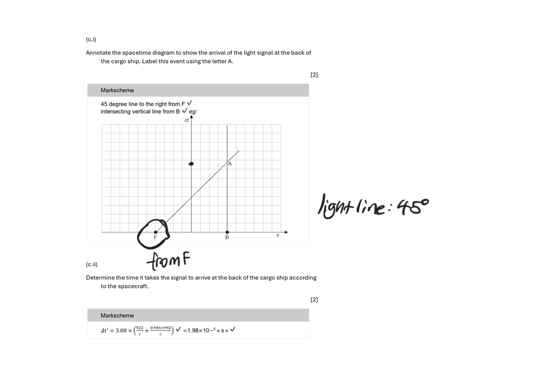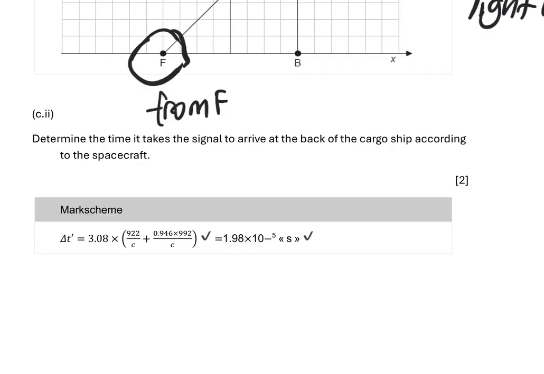And then it wants to know what is the time that the signal takes to arrive at the back of the cargo ship according to the spacecraft. The formula that they're using here is t prime equals gamma times the time minus vx over c squared. So we know what gamma is.